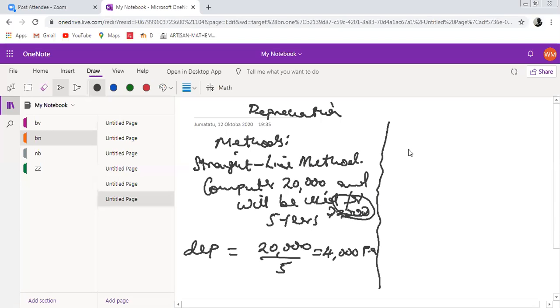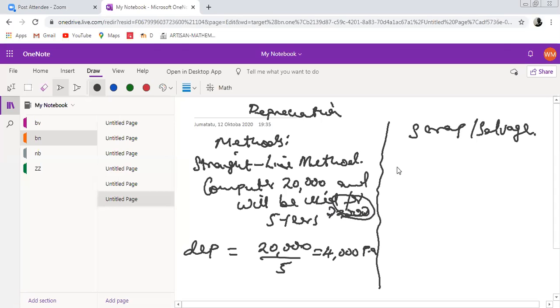This 2,000 is normally referred to as the scrap or salvage value. I bought it at 20,000. I'm going to use it for 5 years. After the 5th year, this computer can be sold at a throwaway price and I get 2,000 from it. The 2,000 is what I'm referring to here as the scrap or the salvage value.